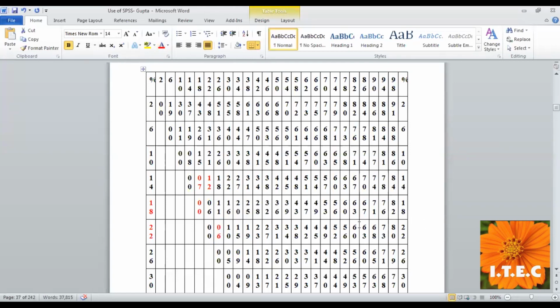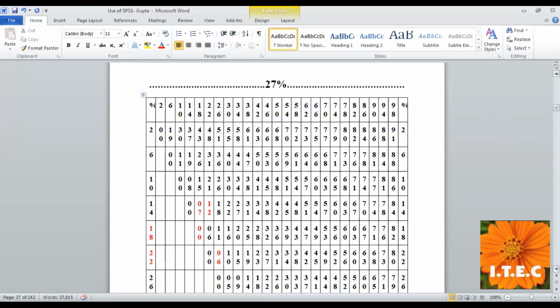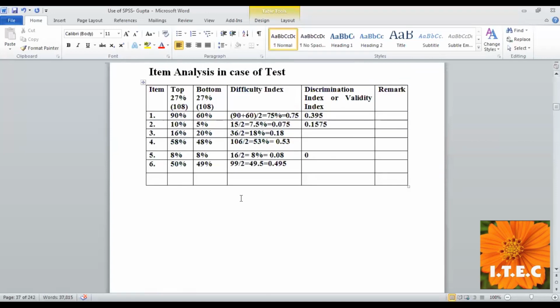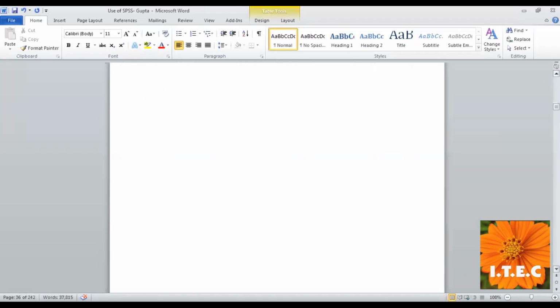So now you have to calculate that it is 18 and 22 and 22. So it is 16 and 20. Okay, 16 and 20.